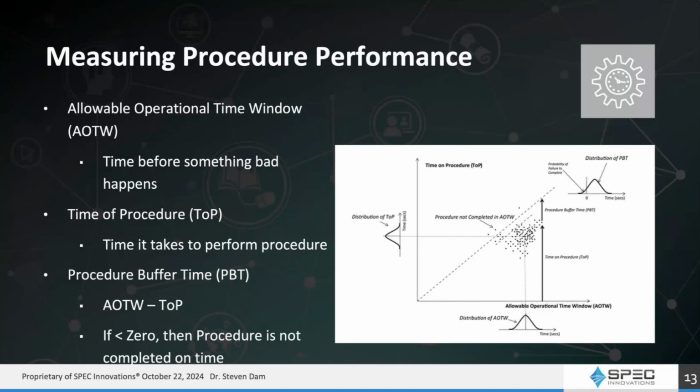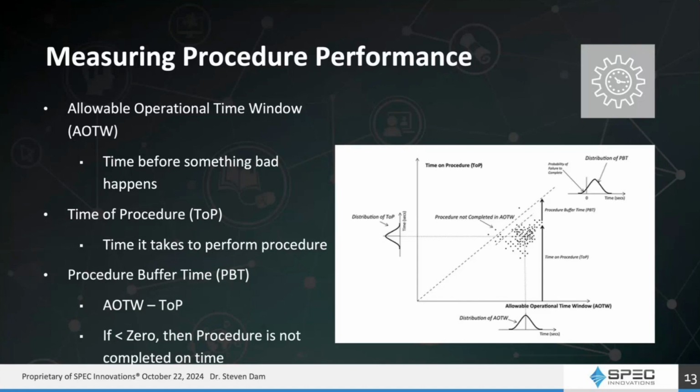That's the time before something really bad happens. That's a variance depending on where you are and what's going on. In an airplane, it depends what altitude you're at. I'm going to have a lot longer time to figure out what the problem is at 40,000 feet than I do at 10. These are important things to think about.